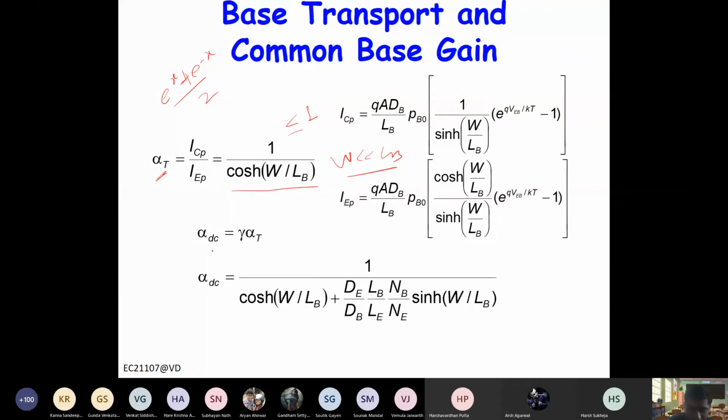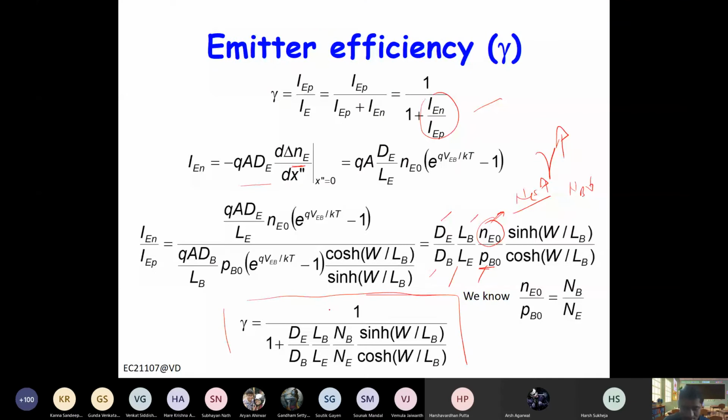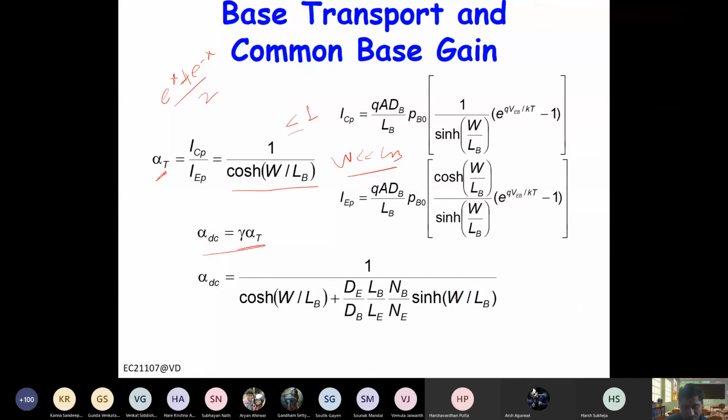And if you combine both emitter injection efficiency and base transport factor to get the common base current gain, you basically multiply the two. So you multiply the denominator by cosh, so cosh plus a term times sinh.